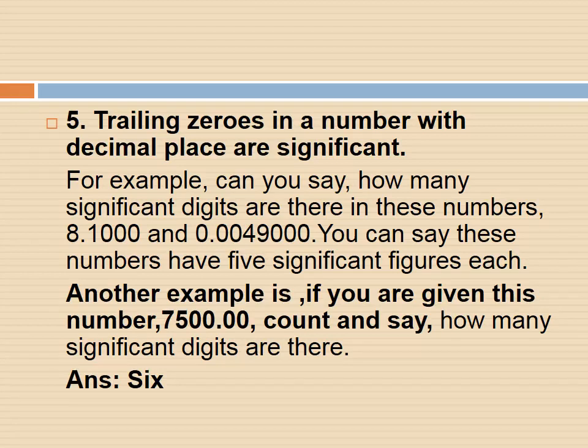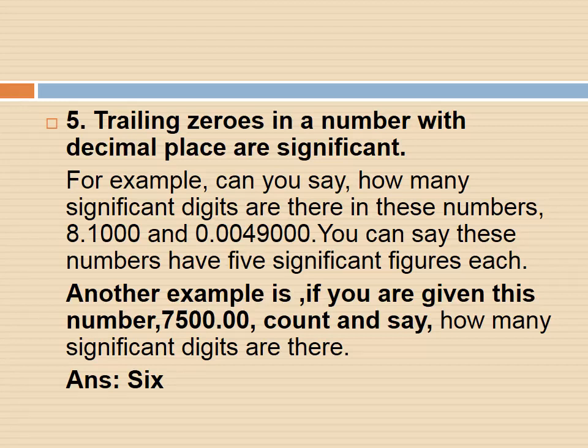You can say these numbers have 5 significant figures each. Here you have counted the trailing zeros or terminal zeros because these numbers have decimal places.